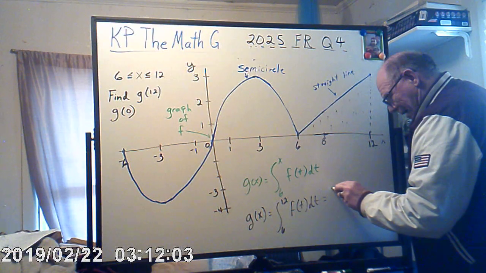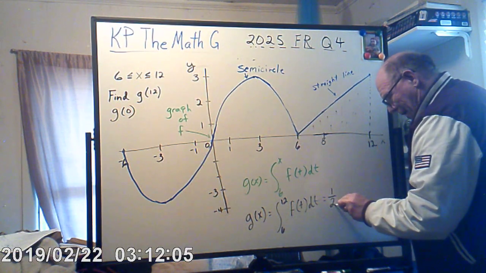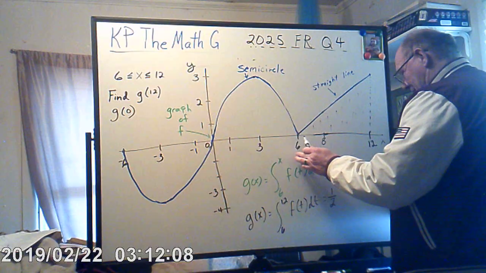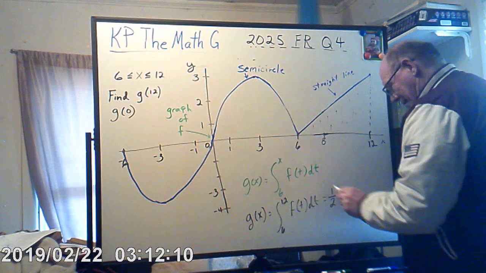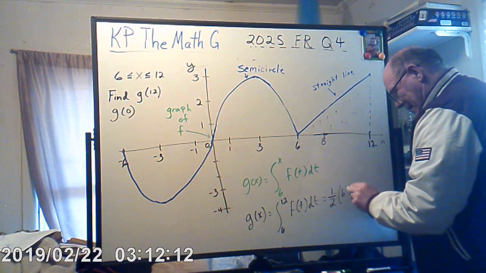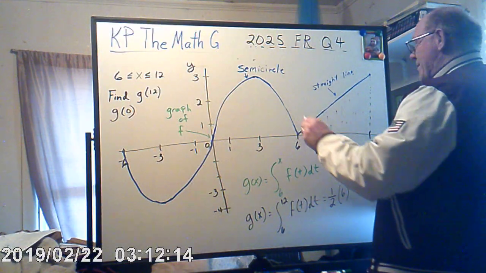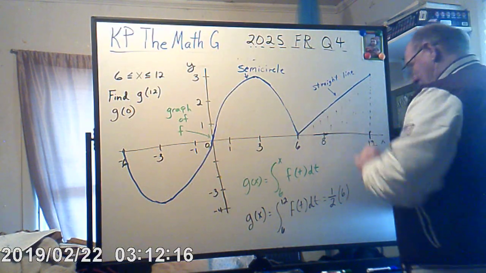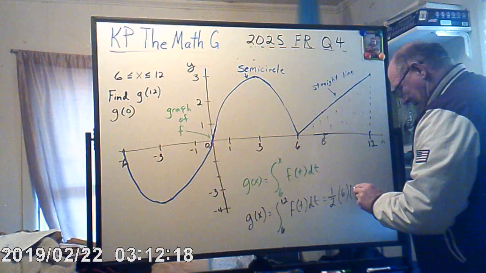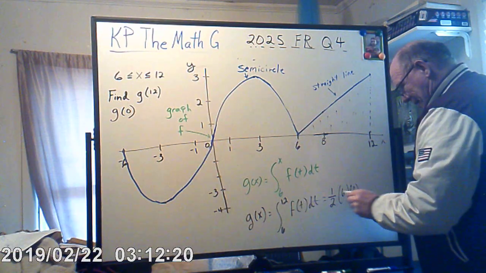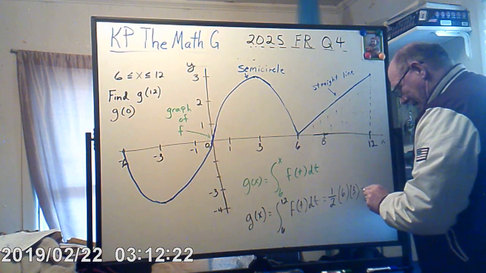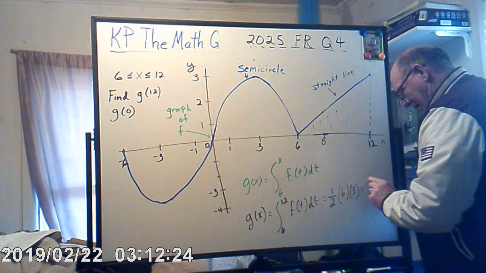Now, 1/2 the base from 12 to 6. 12 minus 6 is 6. The height is 3. So 6 times 3 is 18. Half of 18 is 9. So that area is 9.